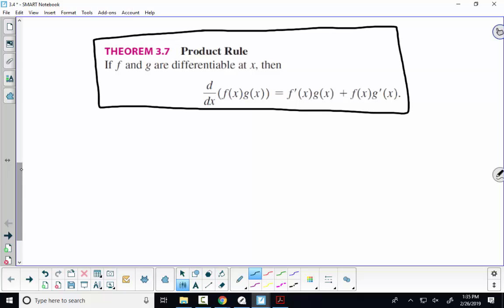So it says, in order to take the derivative of a product, typically the way it's remembered is we've got two things multiplying together. So often this function here we consider or label as the first function and g of x as the second. Notice the derivative is f prime times g plus f times g prime.